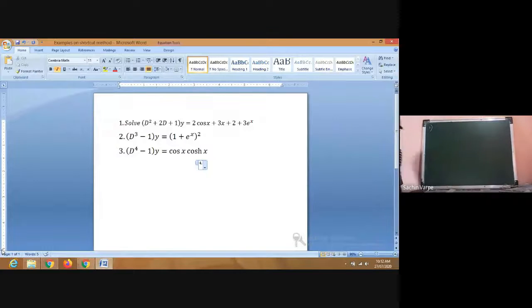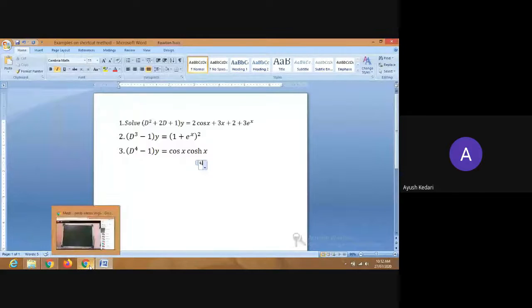So d square plus 2d plus 1 into y is equal to 2 cos x. Yes. So what is the complementary function for this?